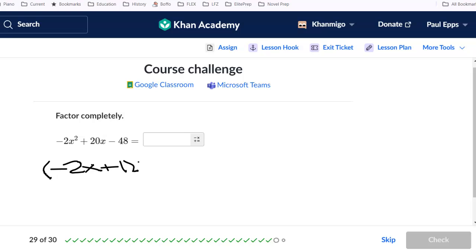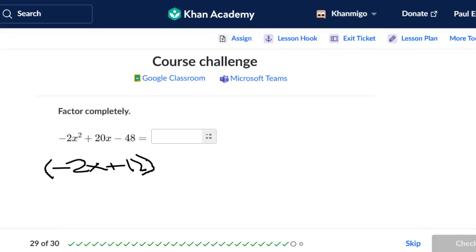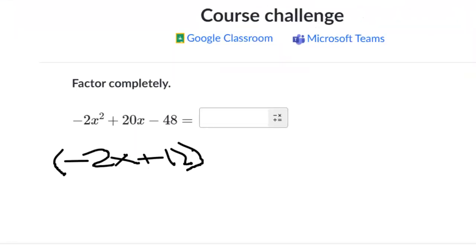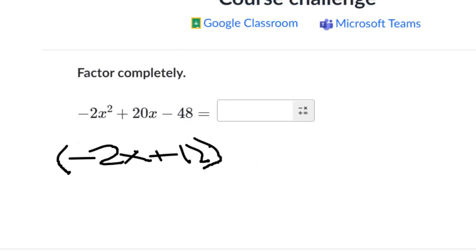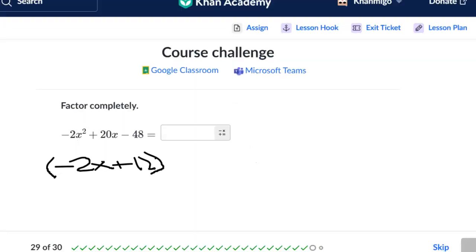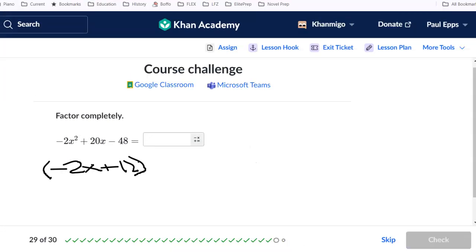And I don't know where that's coming from. Yeah, I don't know. We're going to have to do that and zoom it back out. It's not what I want, but negative 2x plus 12.